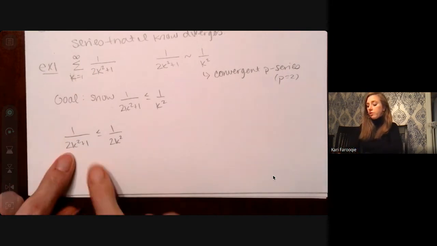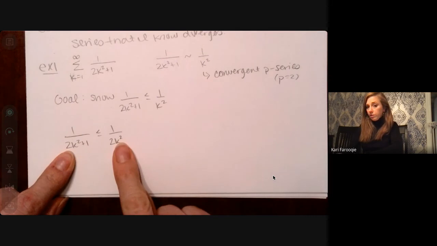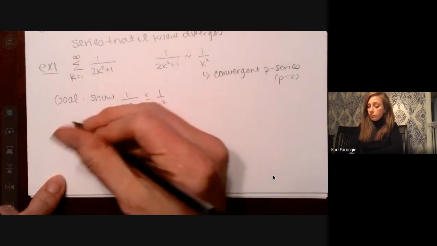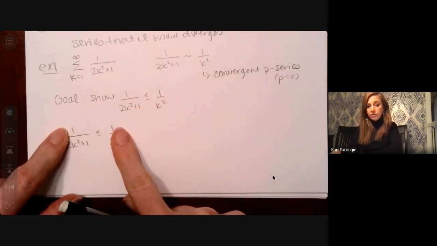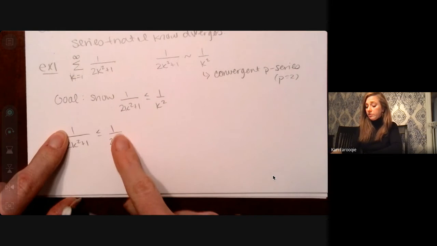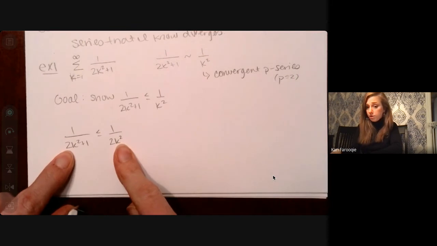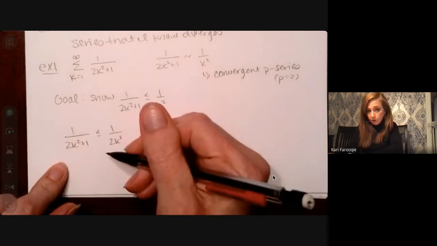You're going to say, okay, well, clearly this denominator is 1 greater than that one. So if this denominator is bigger, this fraction must be smaller because in each case, I have the same numerator. In this case, I'm dividing by 2k squared. Over here on the left, I'm dividing by 2k squared plus 1. So I'm dividing by more over here. If I'm dividing by more, the ratio is smaller.